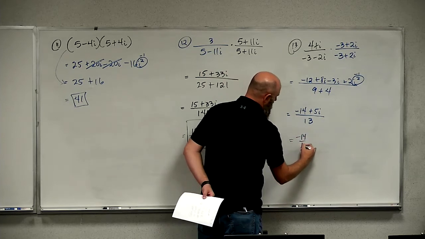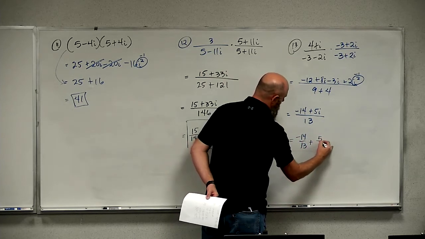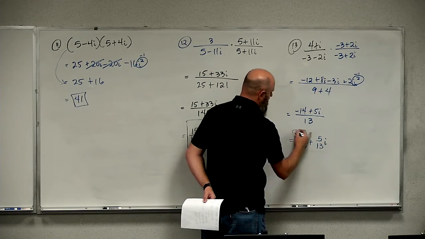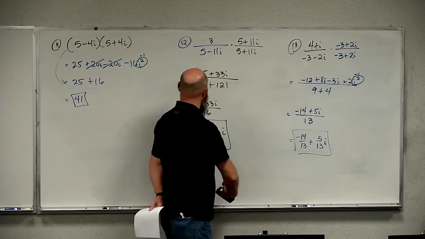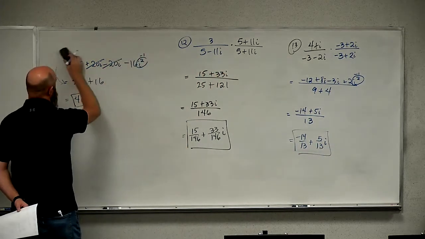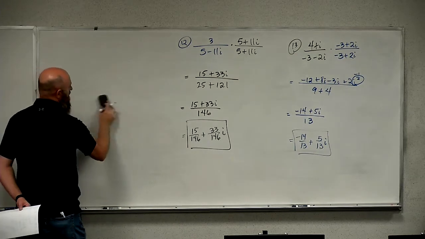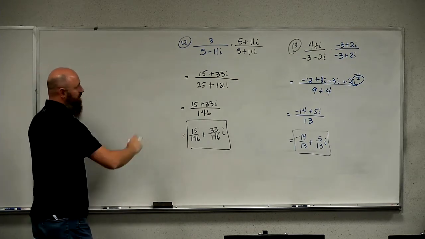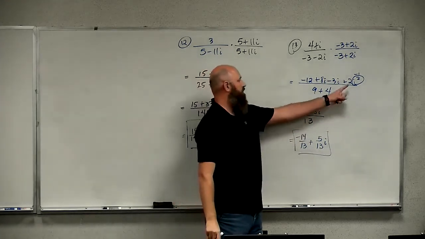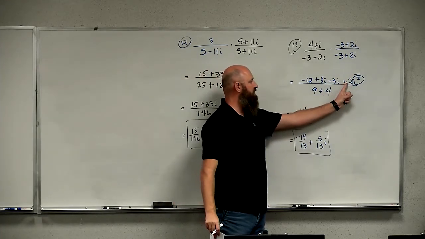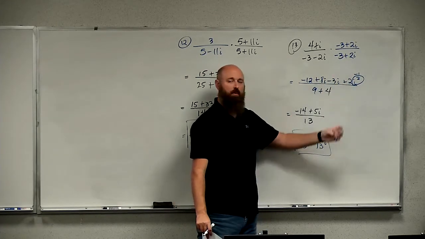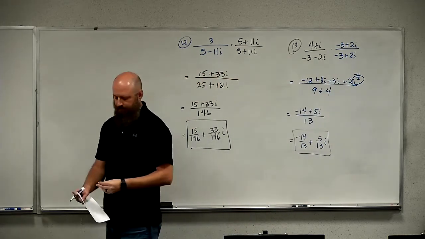So -14 over 13 plus 5 over 13 i for our final answer. Okay? So you're allowed to do that shortcut up there as well. So if you put that -1, you realize that changes the sign. You can go ahead and combine those just like we've done before. Okay.